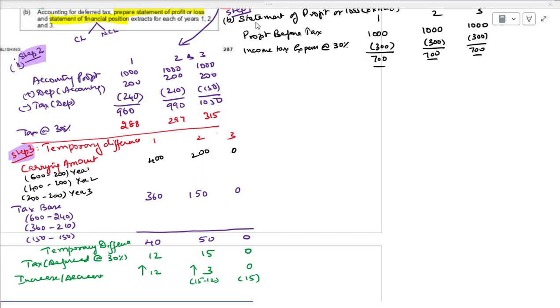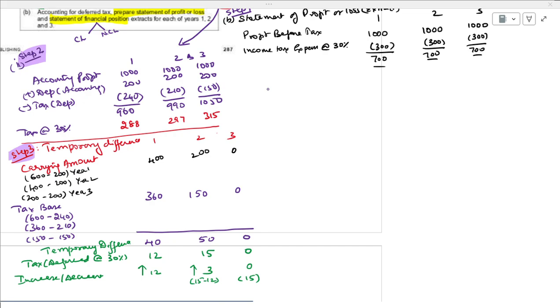Now we have to reconcile as per the accounting how much tax you are paying: 288, 297, 315. Is it right? There should not be any difference between accounting profit and taxable profit. The temporary difference has to be settled by the time the life of the asset is over.